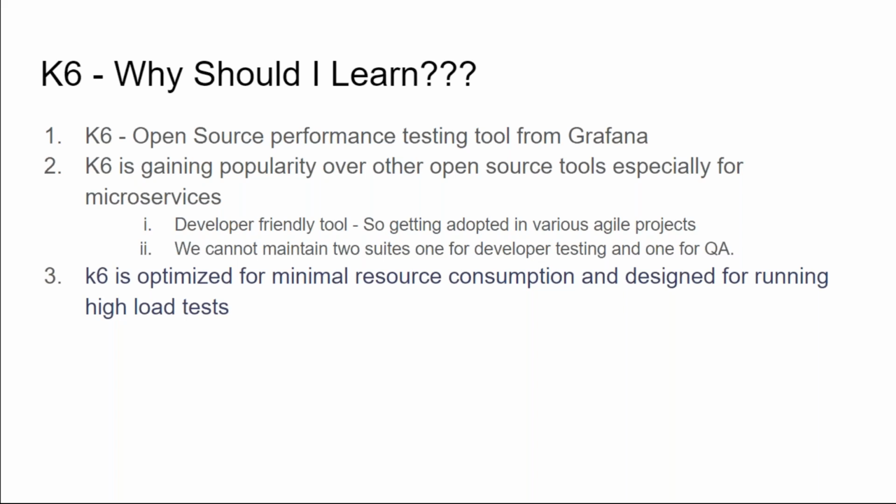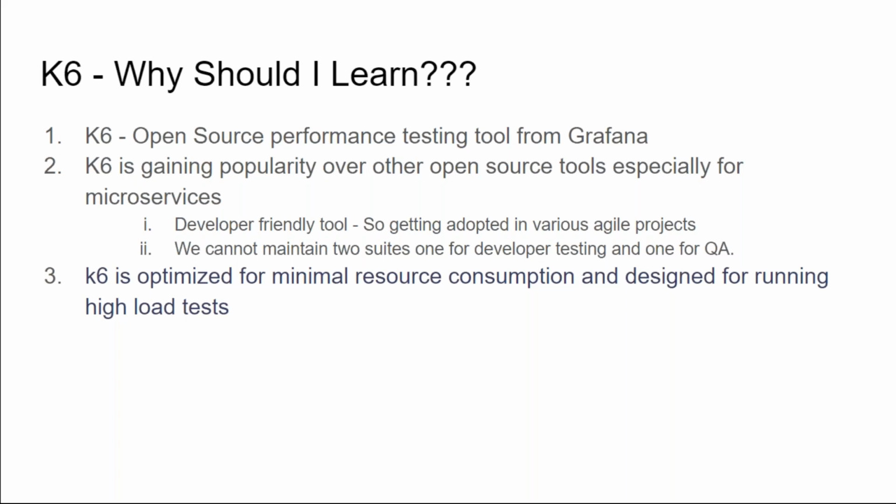Third, the critical one, the most important one, I would say, is resource consumption. You might have seen LoadRunner, you might have seen Jmeter, right? We will use a lot of load generators, 3, 4, 5, 6, 10, depending upon the number of users or the TPS that you want to achieve.